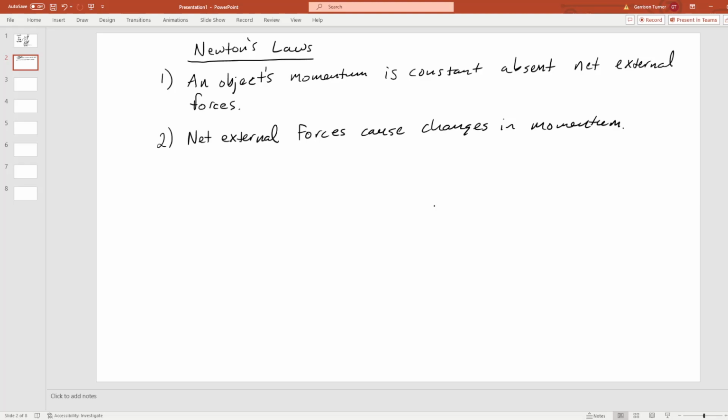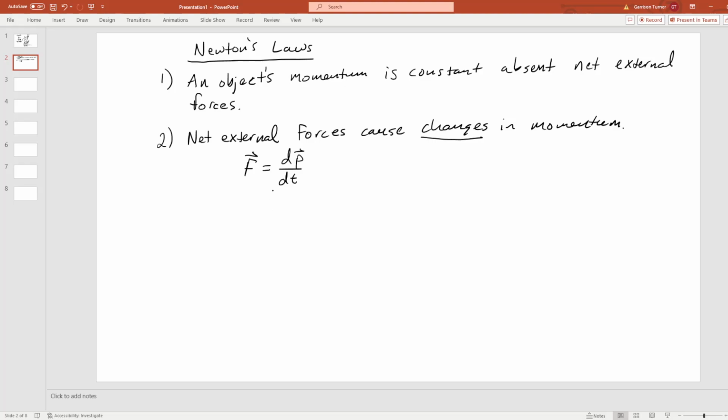Once you understand them, they make a lot of sense, but here all we have to say is that the net external force causes changes in momentum, and by virtue of this word, changes, we can actually see everything in the language that's in the original formulation.